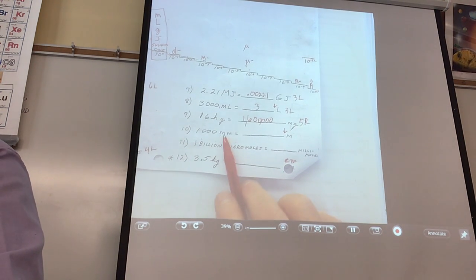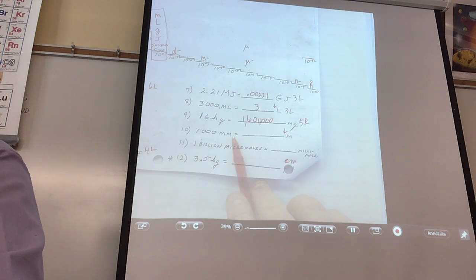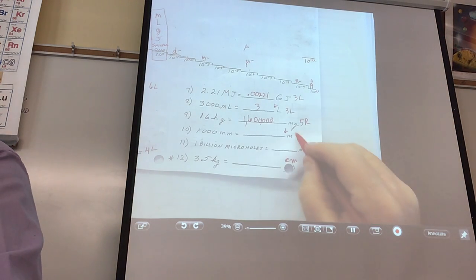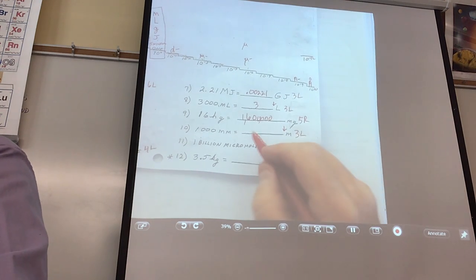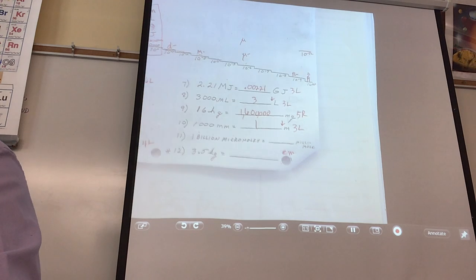So you're going from millimeters to what? To 1, to meters. So no prefix, that's 10 to the 0. How many steps, what direction? Which way? Left. What's your final answer? It's 1. Very good.